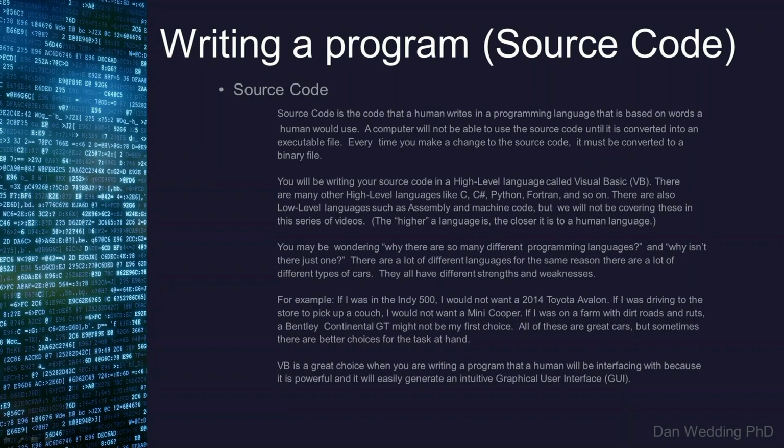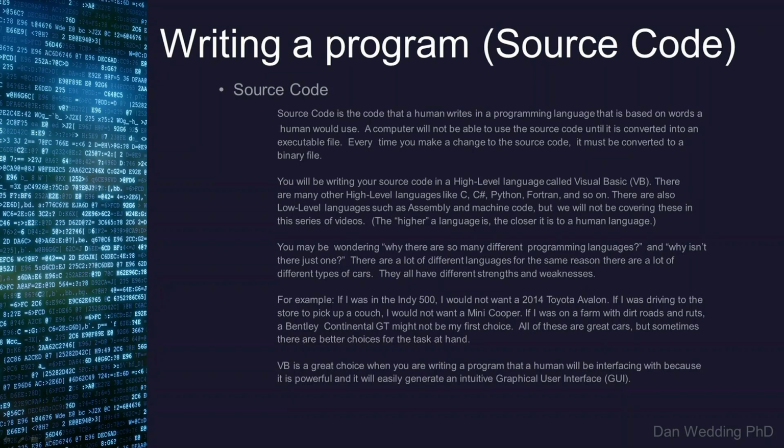You'll be writing your source code in a high-level language called Visual Basic. There are many other high-level languages like C, C#, Python, Fortran, and so on. There are also low-level languages such as assembly and machine code, but we will not be covering these in this series of videos.